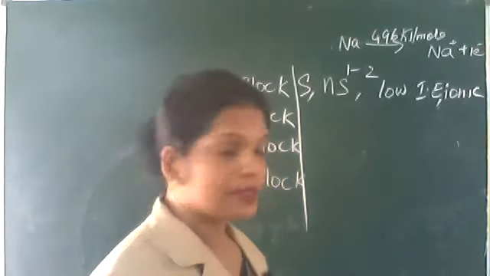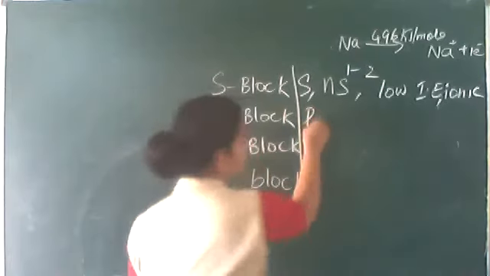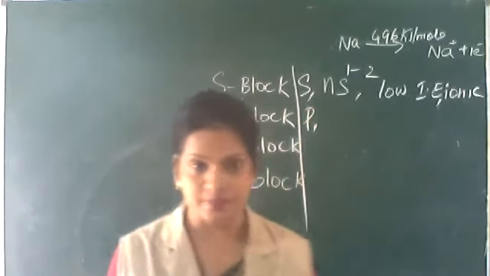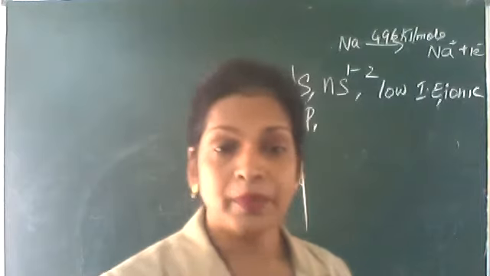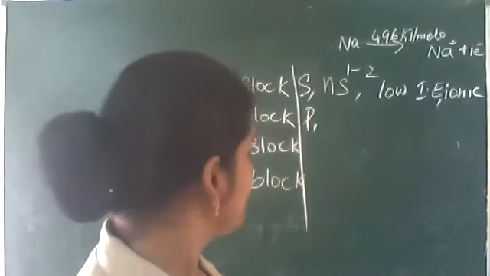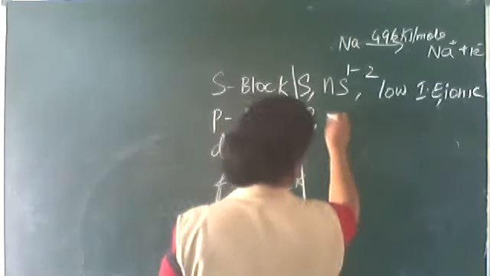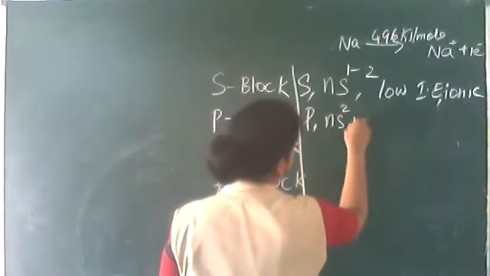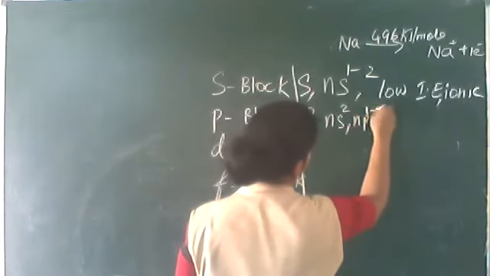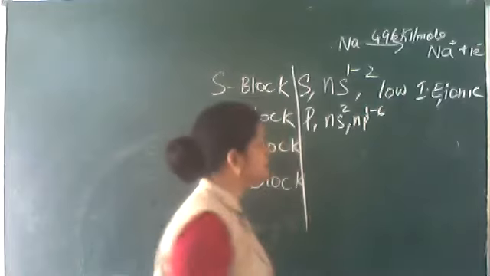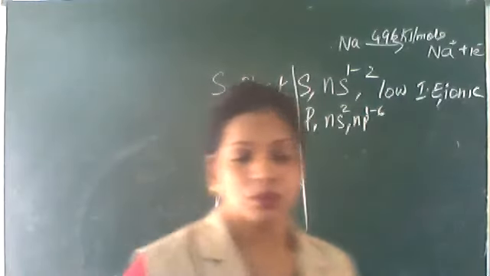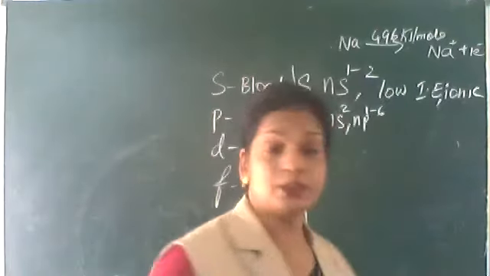Next, P block. In this, what are the characteristics? P orbitals are progressively filled, and their last outer electronic configuration, that is ns2, np1 to 6.